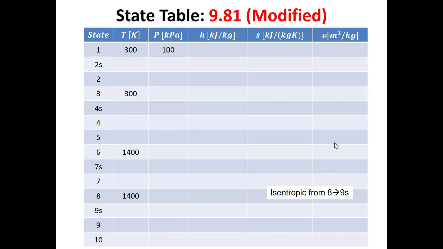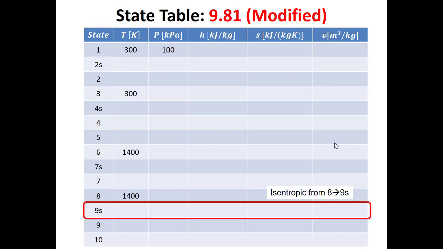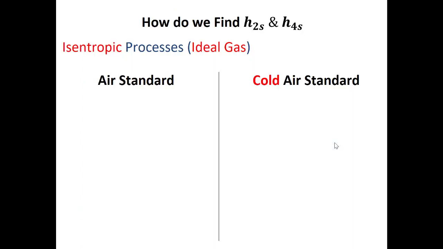So now I look for the second turbine, and I'll try to do the same process. First, I'll look for the isentropic process to find 9S. Again, I can do this as an air standard or a cold air standard process. If it's air standard, I'll actually get the change in the enthalpies. I'll find each individual enthalpy.